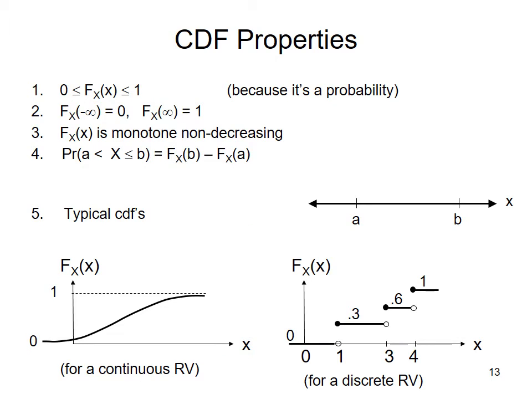Let's see if we can go on and make some claims here about the general properties of CDFs. Remember, the CDF is, by definition, capital F sub x of little x, the probability that capital X, the random variable, is less than or equal to some number, little x. And because it's a probability, it'll always be between 0 and 1.